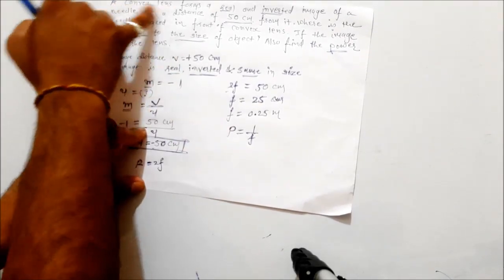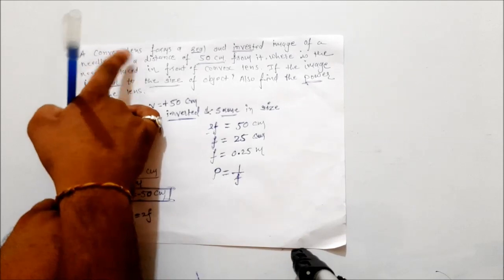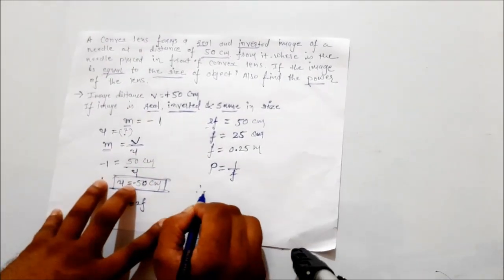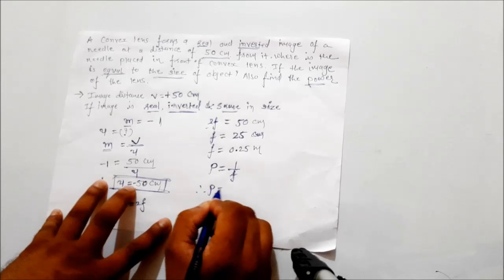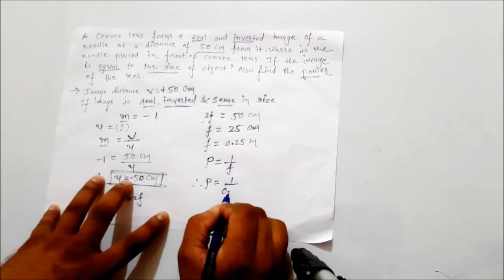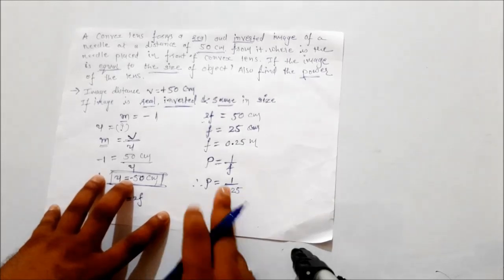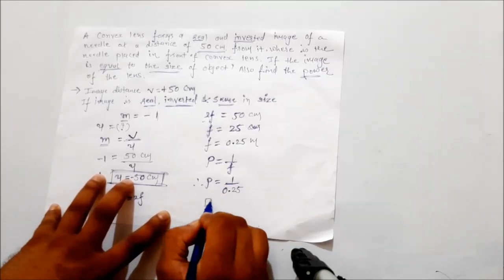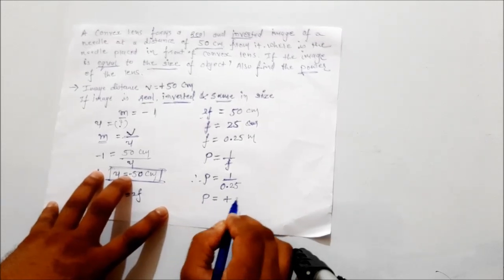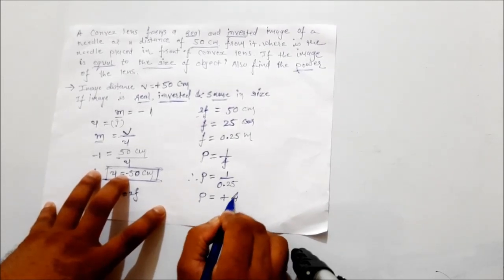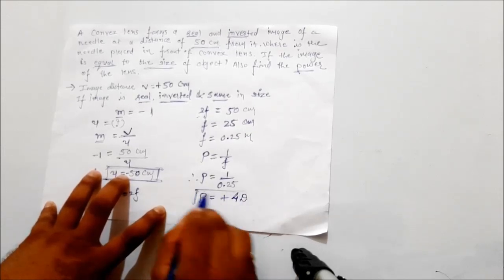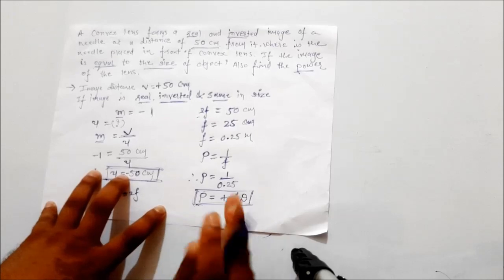That's why P is equal to 1 upon 0.25. Here we will calculate and we will get power P is equal to positive 4 diopter.